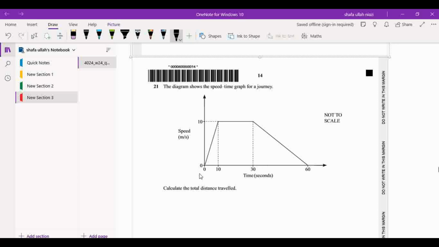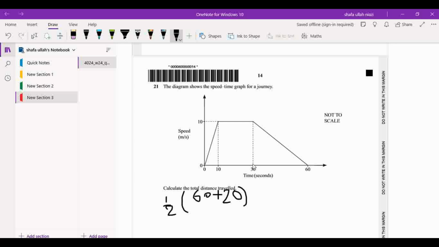So the area is equal to 1 over 2 into the sum of parallel sides. The sum of parallel sides: this side, 0 to 60, is 60, plus this side, 10 to 30, is 20.